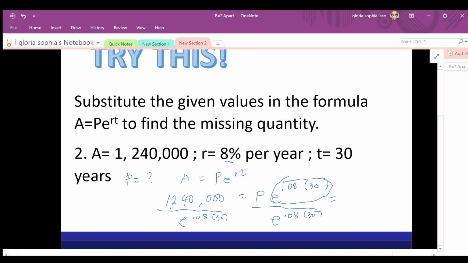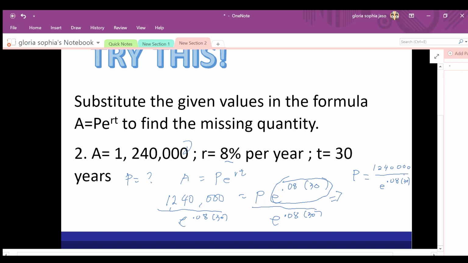So we will have P equals 1,240,000 over e raised to 0.08 times 30.